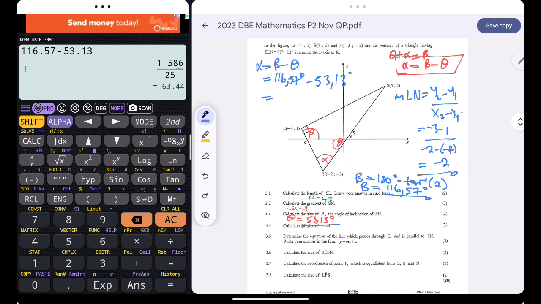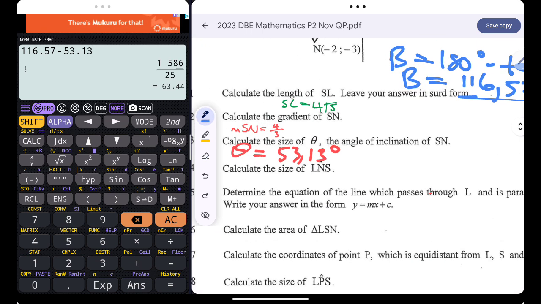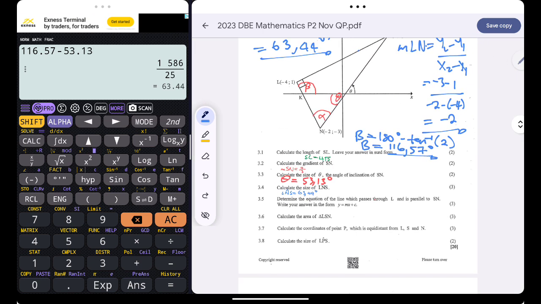I'll simply get 63.44 as the angle between two straight lines. So I can simply conclude that the angle LSN is equal to 63.44 degrees.